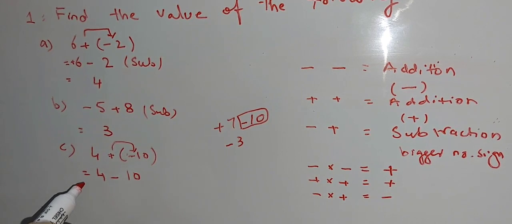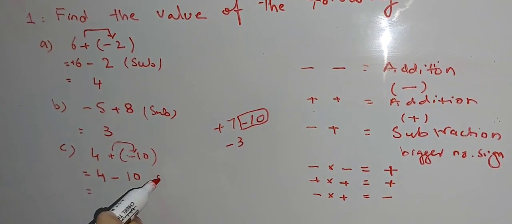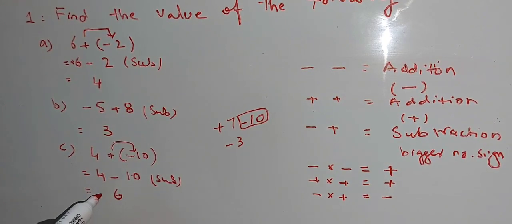Now again plus 4 minus 10. Plus minus, we will do subtraction. What is 10 minus 4? 6. But here 10 is the bigger number than 4 and 10 is with minus sign. So our answer also carries minus sign. So the answer will become minus 6.